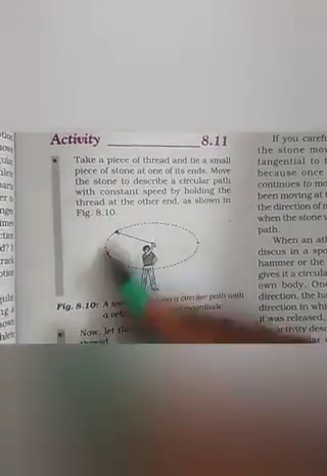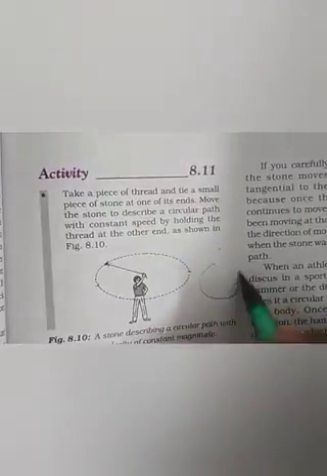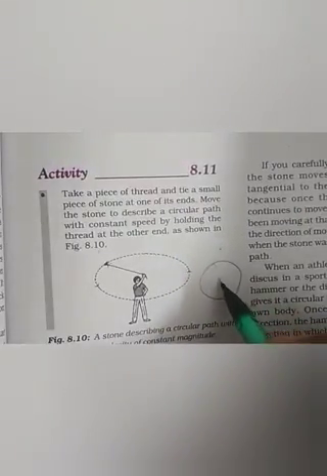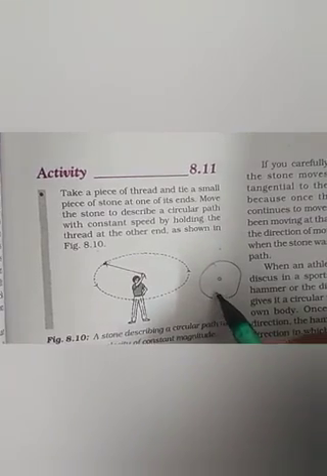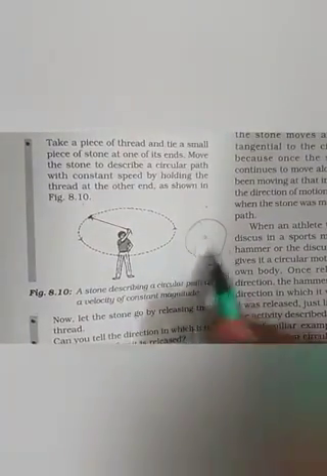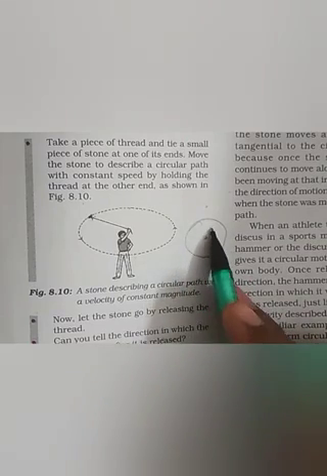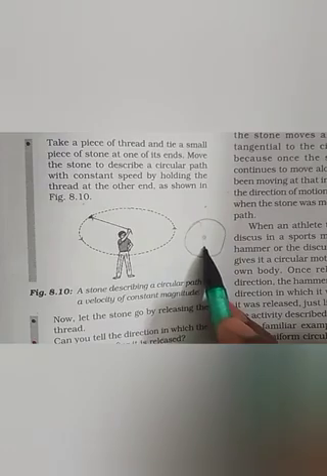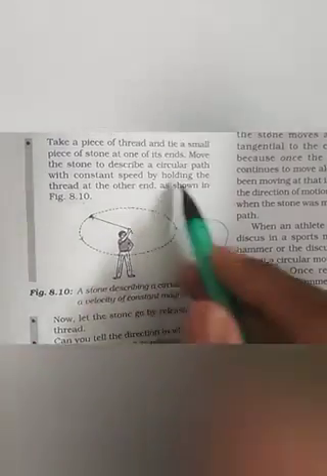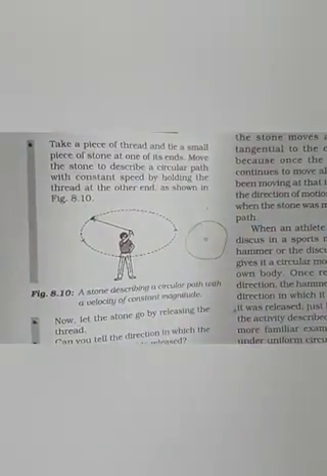Suppose a circle is made over here on the ground. The person will stand at the center. He will hold that disc in his hand, and he will rotate his body and then he will leave that discus and it will go far away and fall. If you see Olympics, you will come to know.